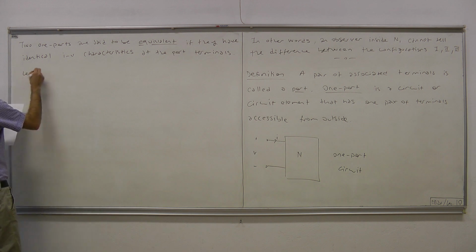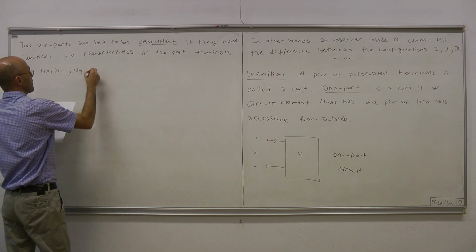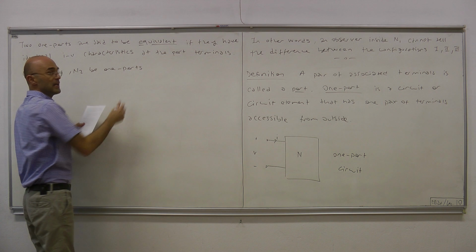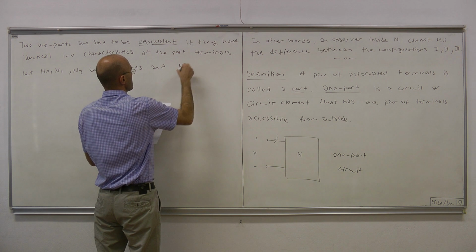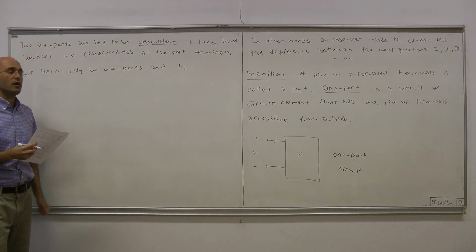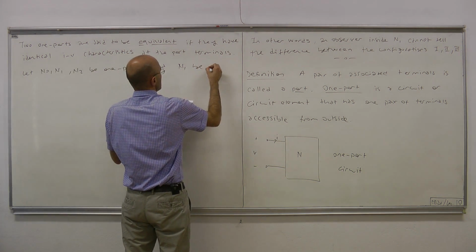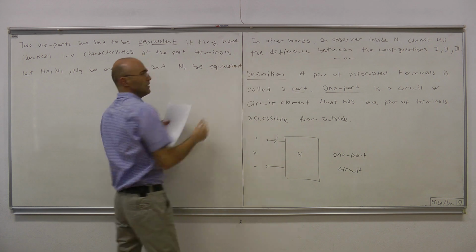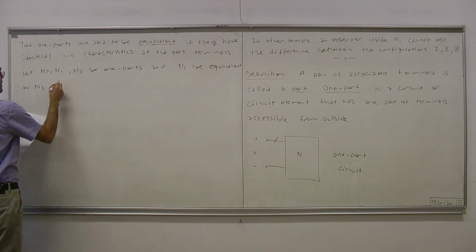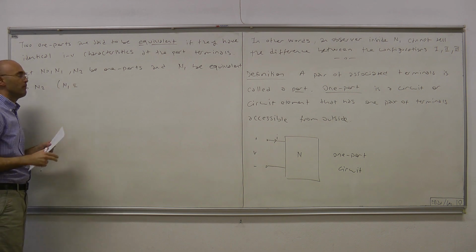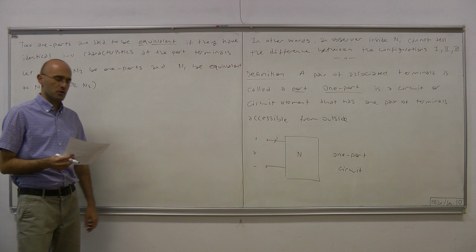So let N0, N1, and N2 be 3 one-ports, and suppose that the last 2, okay, are equivalent to one another, N1 equivalent to N2. And in short, we use this 3 parallel bars to show equivalence of 2 one-ports. Okay.